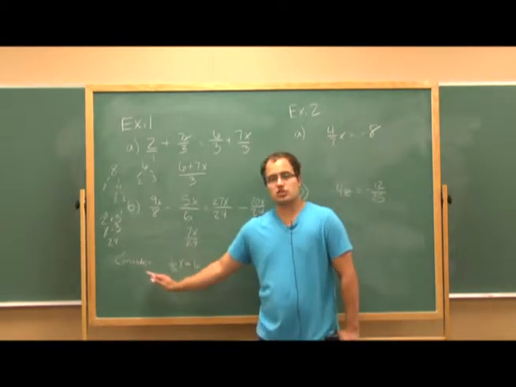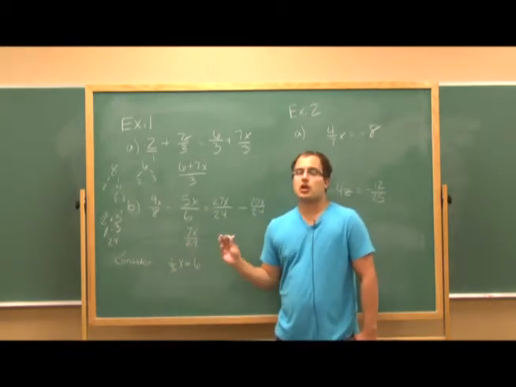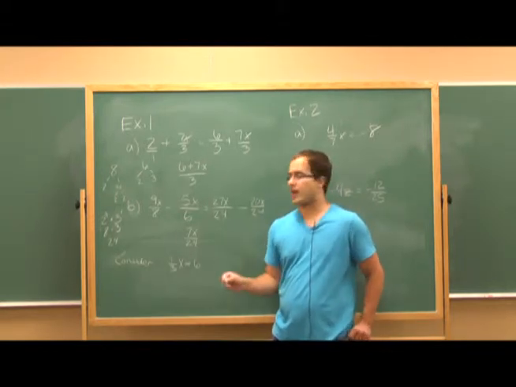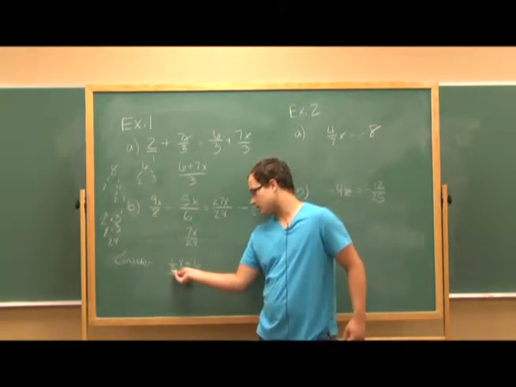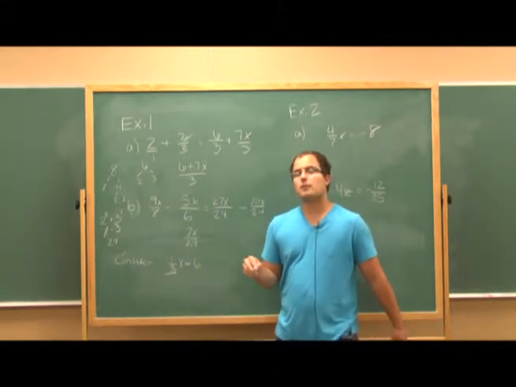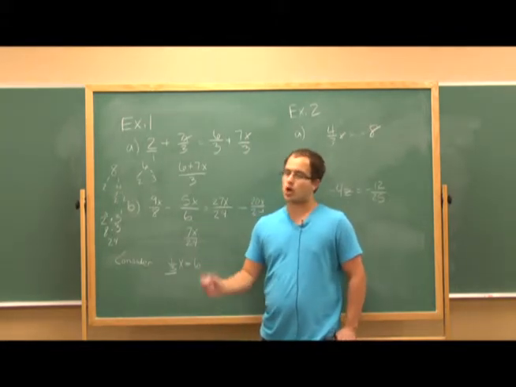Now simple equations like this one, we can solve by multiplying by the reciprocal of the coefficient in front of the x. The coefficient is the number in front of the x. The reason why we're going to multiply by the reciprocal is because anything times its reciprocal is 1.